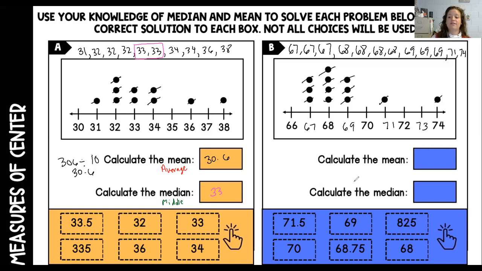Okay, so first thing I need to do is calculate my mean. And then what is the key word for that? Our average. Very good. So let's add up all of those numbers and divide by the total digits.